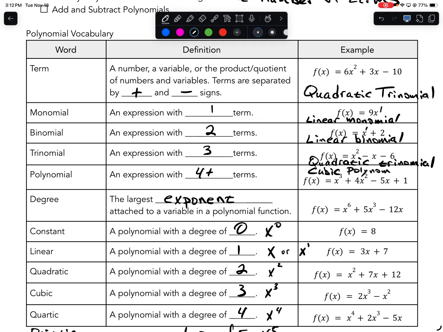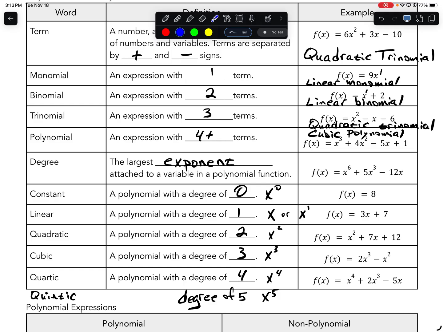So polynomial has 2 meanings. This right here is a polynomial, an overarching term that refers to any number or number-variable combination. If we talk polynomial in terms of number of terms, then it means 4 or more terms. So 2 totally separate meanings for polynomial, which is annoying but true.